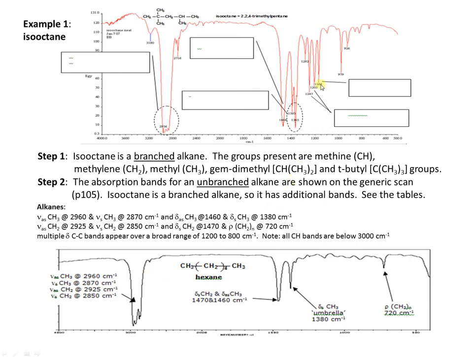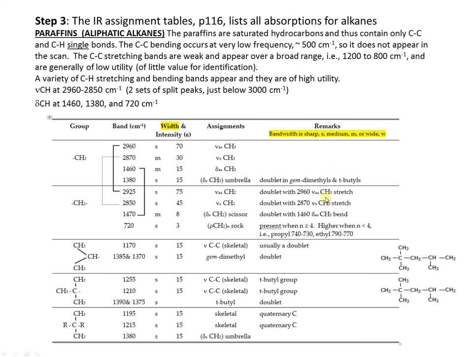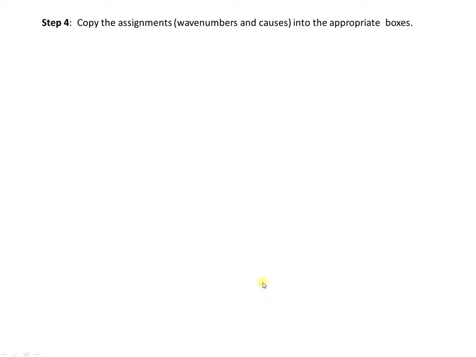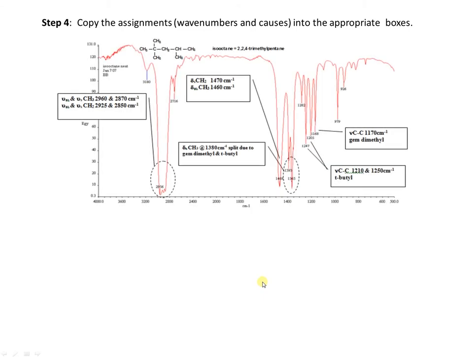So 1170 for the gem dimethyl, 1210 and 1255, very close to the actual values for the t-butyl group. So you see the table gives us more information than the generic scan. This last group is not part of our compound, so it doesn't apply. All right, that's it. So step 4 is simply to copy these assignments into the appropriate boxes, and here I've done that.